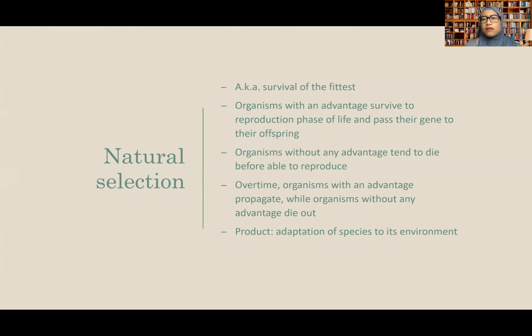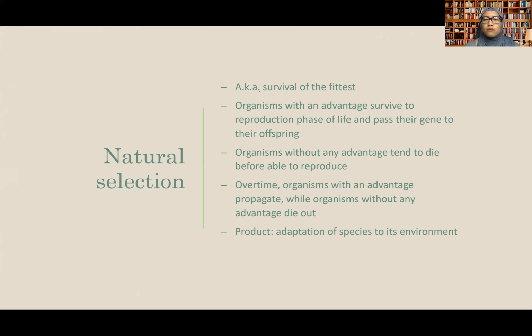So this eagle with good eyesight is more likely to survive and reproduce and produce more eagles with good eyesight, as opposed to eagles with bad eyesight. That eagle might not have survived until the reproduction phase of life. So organisms without any advantage tend to die before being able to reproduce. Over time, organisms with an advantage will propagate, while organisms without any advantage will die out.